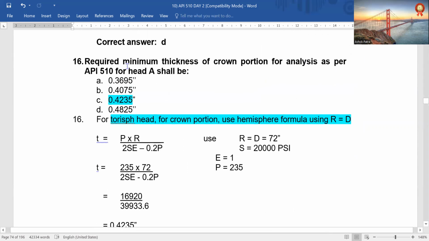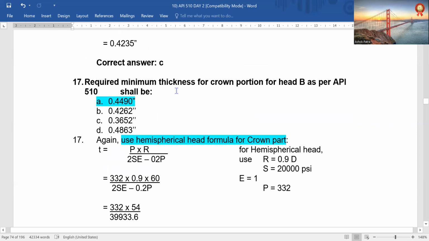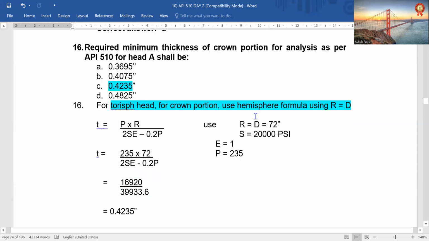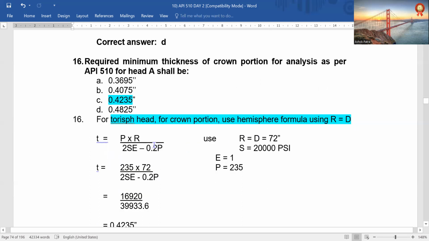Crown portion analysis as per 510 for head A: head A is a spherical head. For the crown portion use the hemispherical formula. And for B, use hemispherical both. So the hemispherical formula is this one.